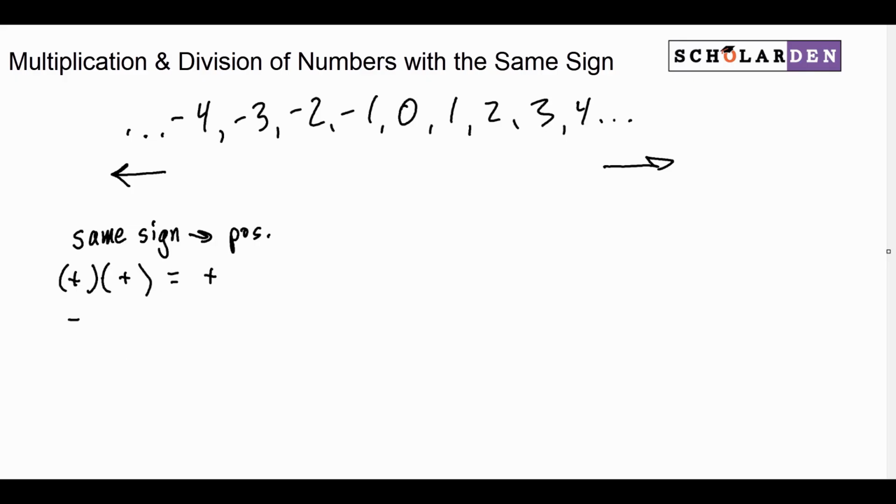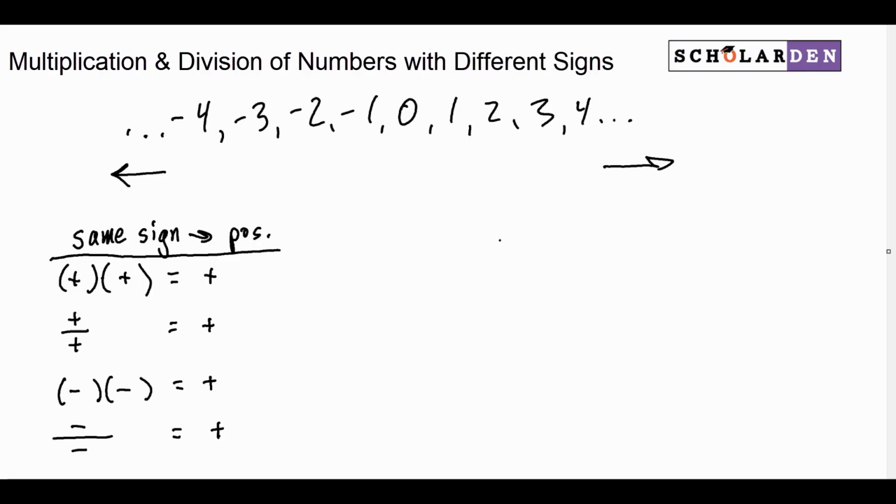And a positive divided by a positive also gives us a positive. Again, same sign. Same with negatives. A negative times a negative is a positive, and a negative divided by a negative is a positive. Same sign, you get a positive. Different signs result in negative numbers.